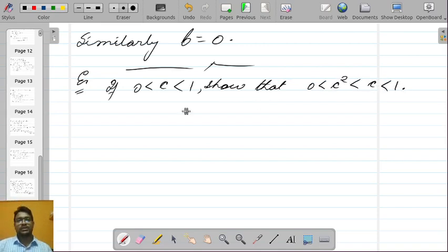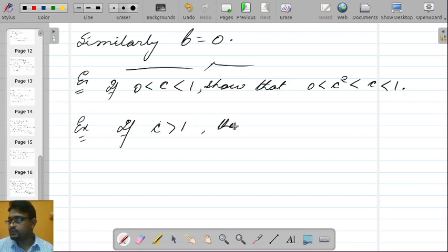If c is a real number lying between 0 and 1, then c square is actually strictly less than c. You try to show this. Also you try to show that if c is greater than 1, then 1 is less than c square. So if c is a real number greater than 1, then when you take c square, you will get something greater than c. If c is less than 1, then c square will be less than c. That is what you try to show.